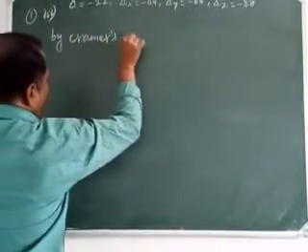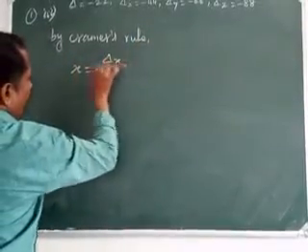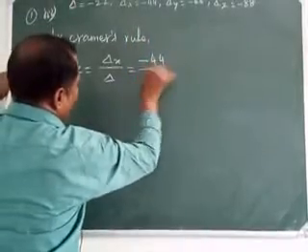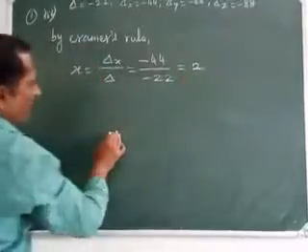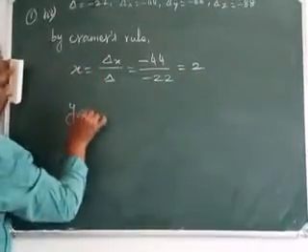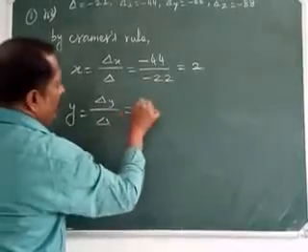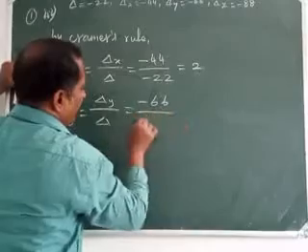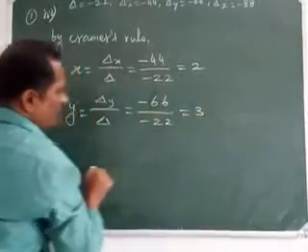So by Cramer's rule, x is equal to delta x divided by delta, value minus 44, delta value minus 22. So the answer is 2, 2 22s are 44. And y is equal to delta y divided by delta, delta y is minus 66, delta value minus 22, minus and minus are plus, 3 22s are 66.